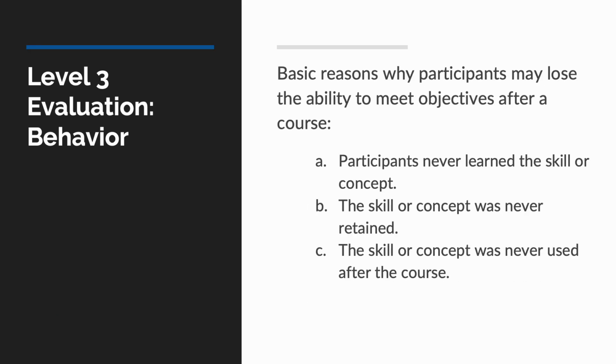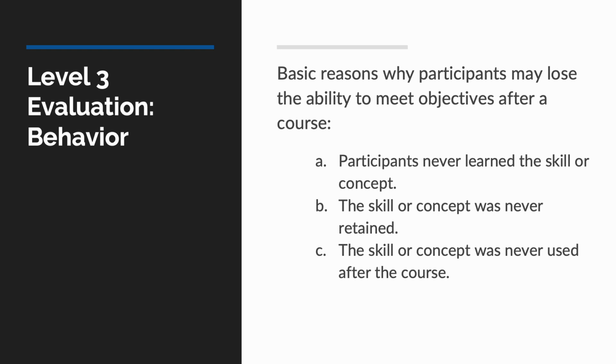Some additional information to support level 3 evaluation is understanding why some users may not make the changes or meet the objectives of the actual training program. First, participants never learn the skill or concept. Even though we provide resources to users, they may not fully utilize it or utilize it at all. Unfortunately, a product of that is that they will never learn the skill or the concept. Another is the skill or concept was never retained.